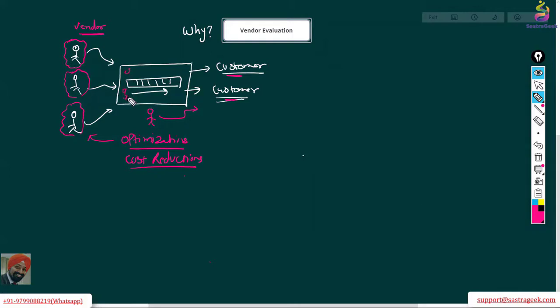We are more dependent on the vendors, that the vendor would be supplying us, and then we will be able to supply ahead. So in this supply chain, if you want to make sure the disruptions are lower, you need to make sure that these vendors on which you are depending are performing well.